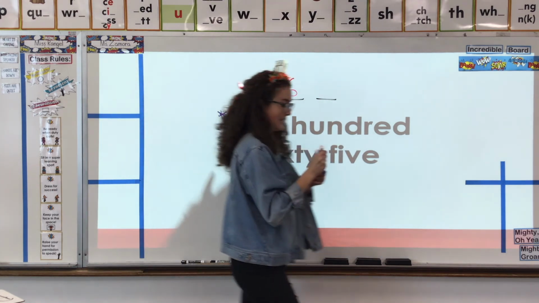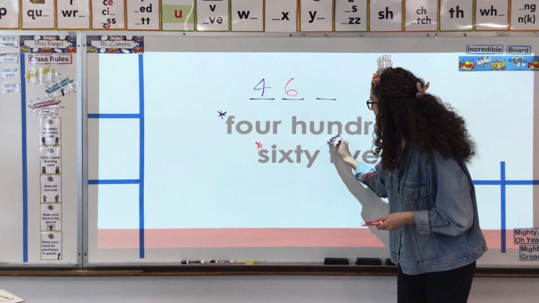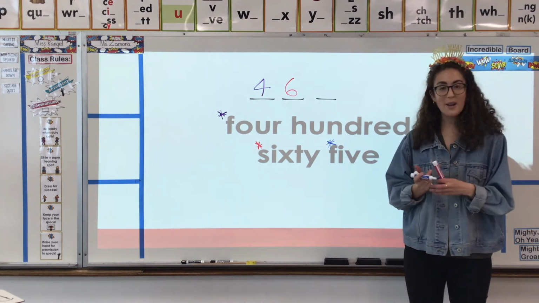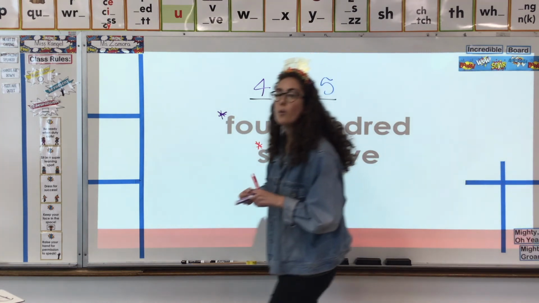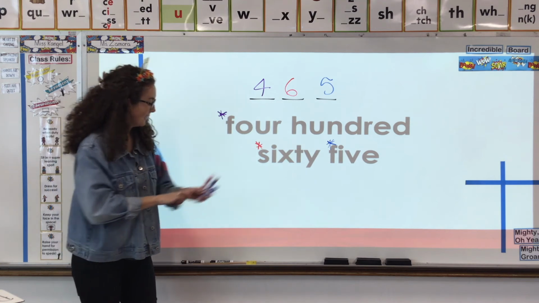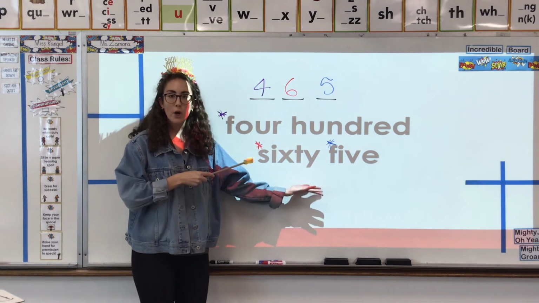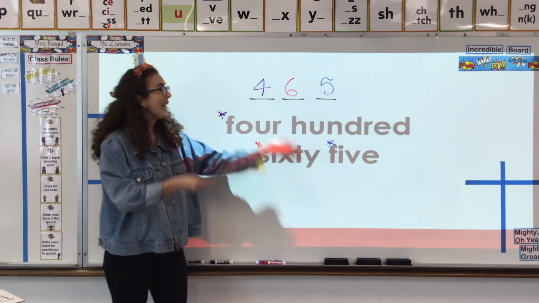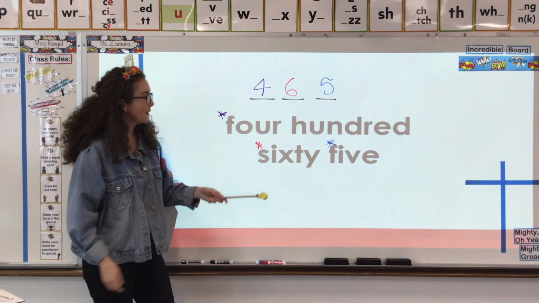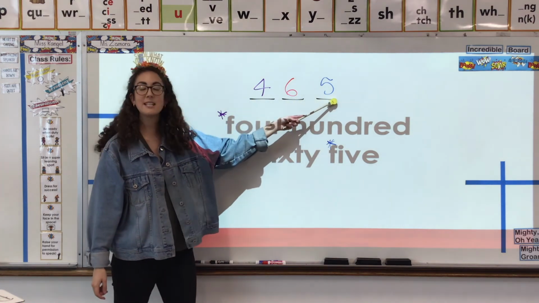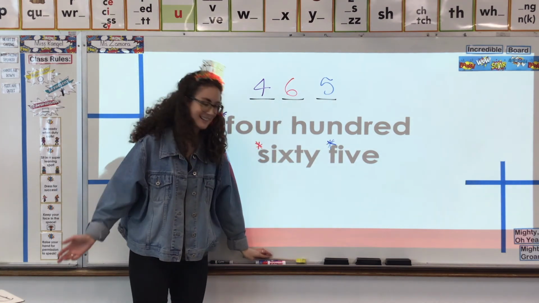So there's a 6 in the tens place. And then just 5 is 5 on its own. So the 5 is in the ones place. So would you look at that? We have both the word form and the digit form, the standard form of the same number. 465 seen two separate ways.